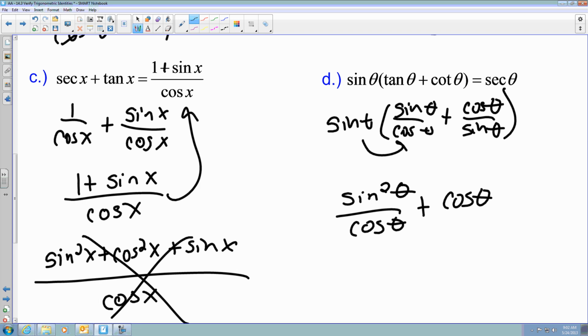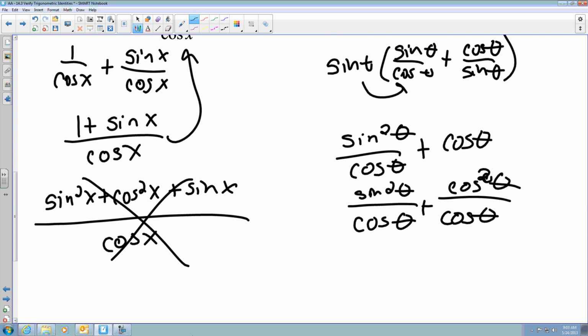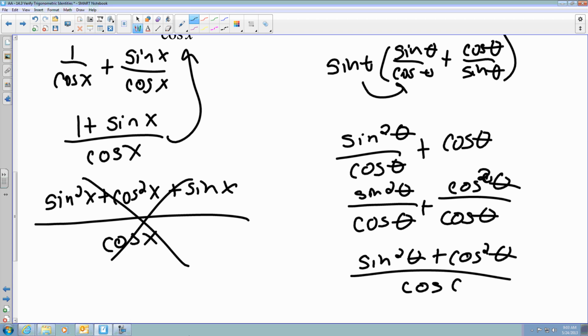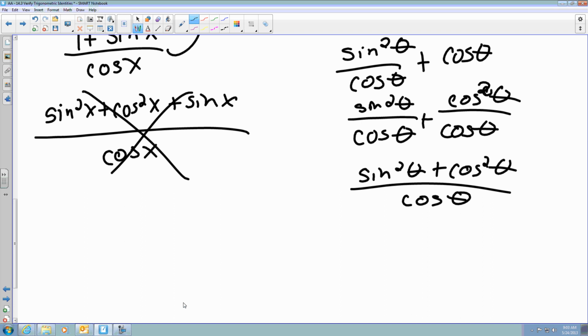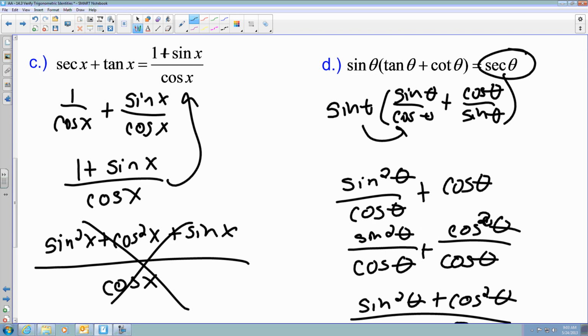If I combine these terms, I need to find a common denominator, so I'm going to have cosine theta, plus cosine theta. So I'm left with sine squared theta here, and cosine squared theta here. Now I can say sine squared theta plus cosine squared theta all over cosine theta. Well, sine squared theta plus cosine squared theta gives me 1, so I get 1 over cosine theta, and 1 over cosine gives me secant theta, which is the right-hand side of the equal sign.